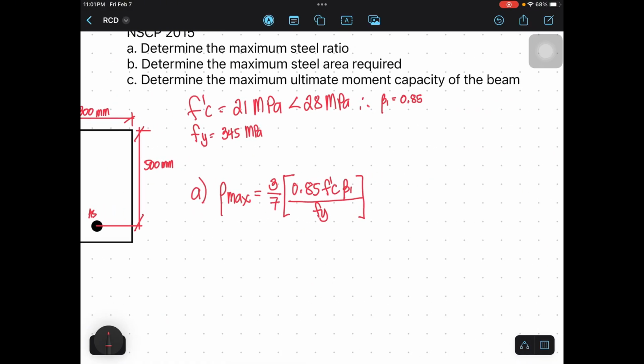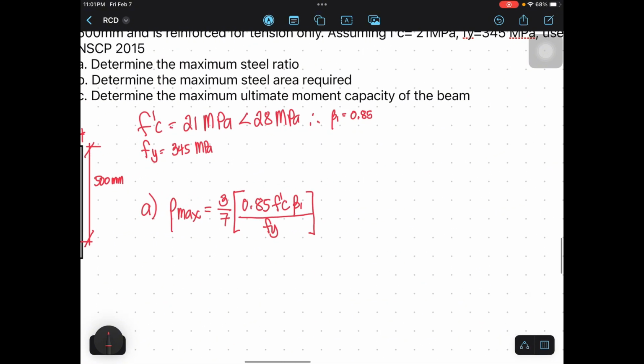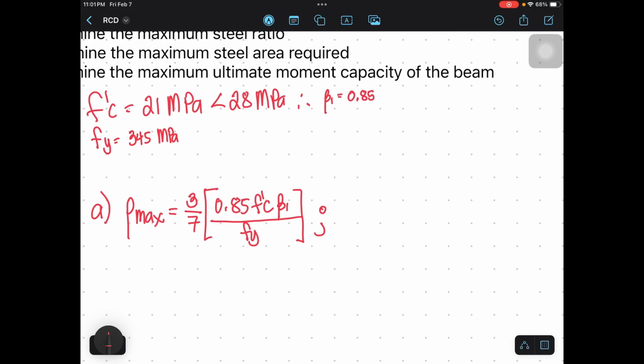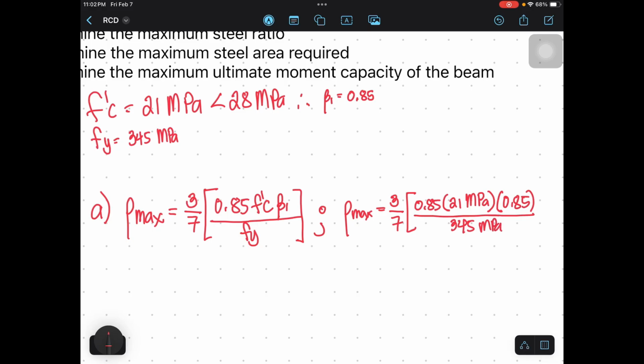Okay, since the required variables are already given, we're going to directly substitute the values into the equation. So rho max, or the maximum steel ratio, is 3/7 quantity 0.85 multiplied by the specified compressive strength of concrete, 21 megapascal, and beta 1 factor is 0.85, over 345 megapascal for the yield strength.